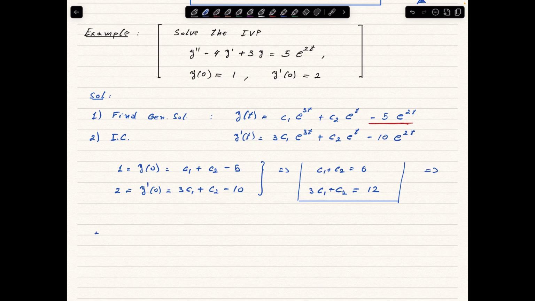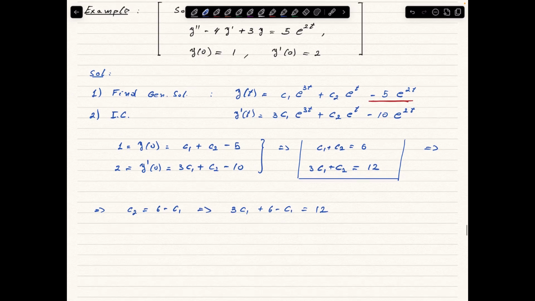For example, c2 is 6 minus c1, and we put it here, so we have 3c1 plus 6 minus c1 equal to 12.